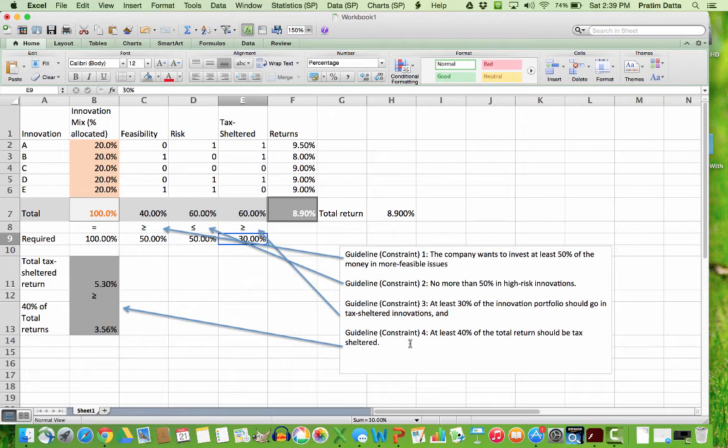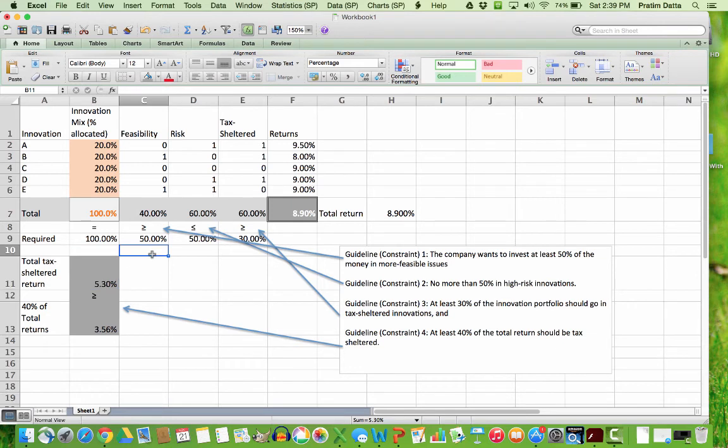The last guideline, which is at least 40% of the total return, should be tax sheltered. Now, which ones are tax sheltered? Innovation A, Innovation B, and Innovation D, right? So what's the return from just these three innovations?